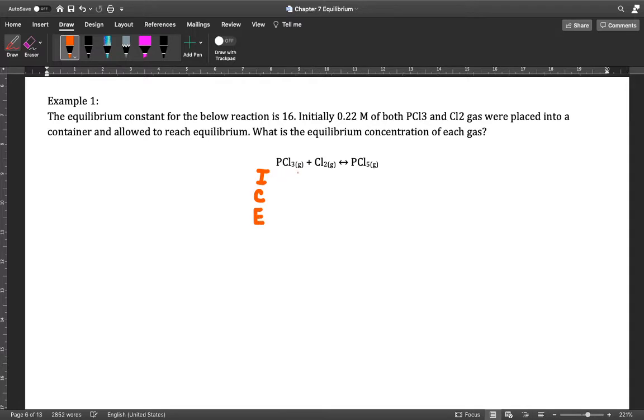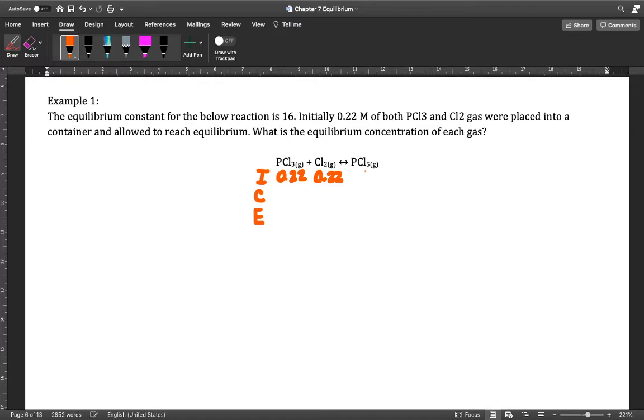Our initial concentration for PCl3, as we were told, is 0.22. That is moles per liter, but in our ice table I'm not going to write the units. It just makes it easier for me. And we also have 0.22 moles per liter of Cl2.